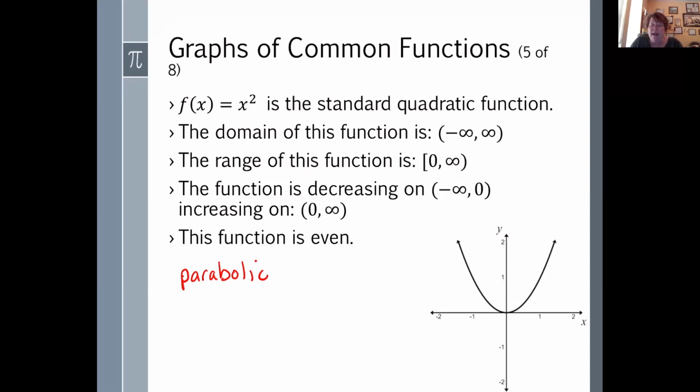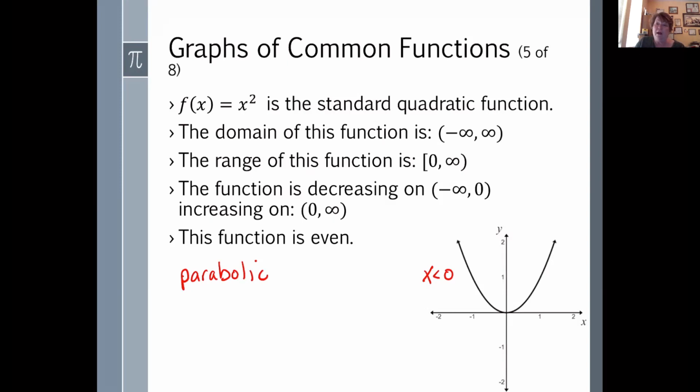The function has areas where it's decreasing and increasing. The function is falling to the left of the origin, so it's falling where x is less than 0. Again, when we talked about minimas and maximas in section 2.2, we noted that if we have a relative minima, which we do on this function, the relative minima is at 0, 0.